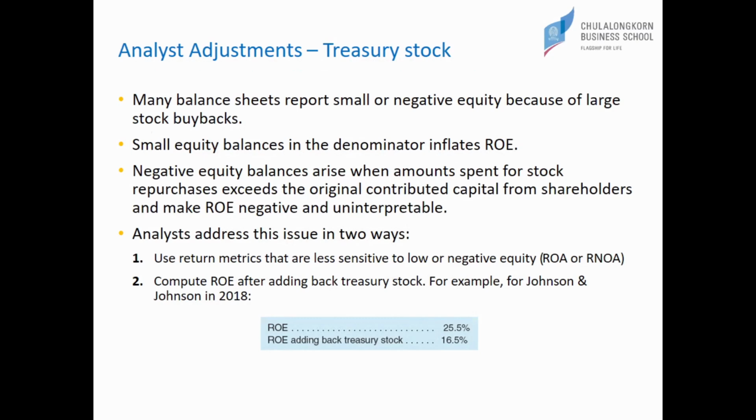So as we saw on the previous page, the first way is just to use ROA. Okay? So use return metrics that are less sensitive to low or negative equity. Or a second way is to add back their treasury stock.